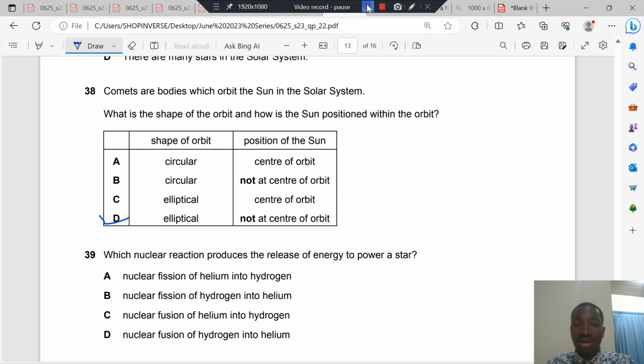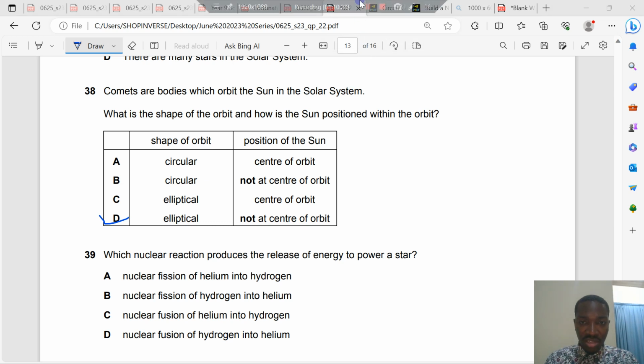And they all interact with the main one, which is the gravitational pull of the sun on each of the planets, okay? That's why it follows an elliptical path, and the sun is not at the center of the elliptical path. We go straight to question 39.